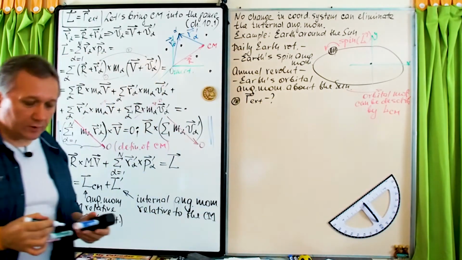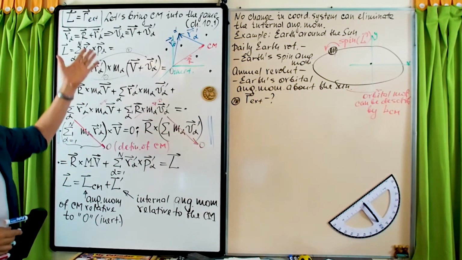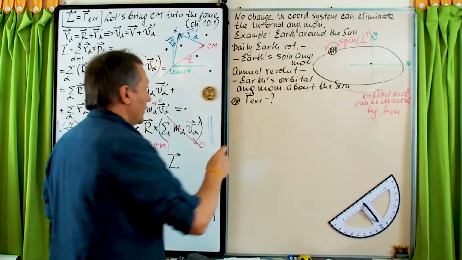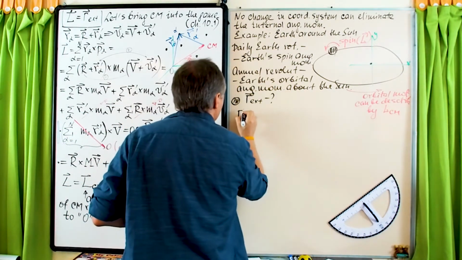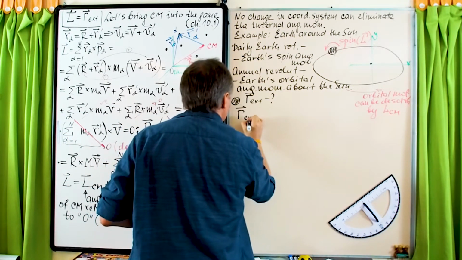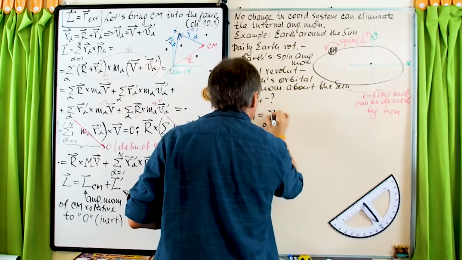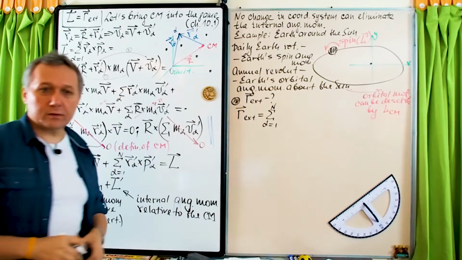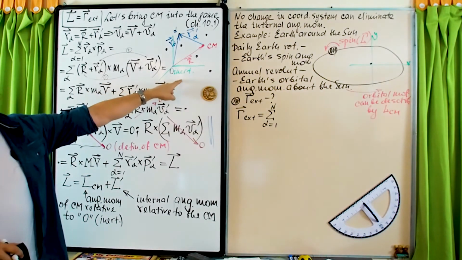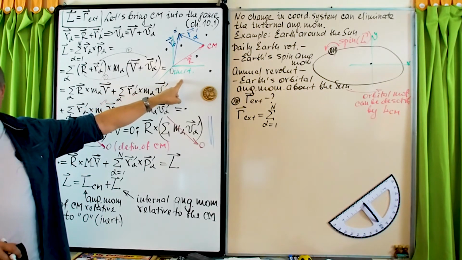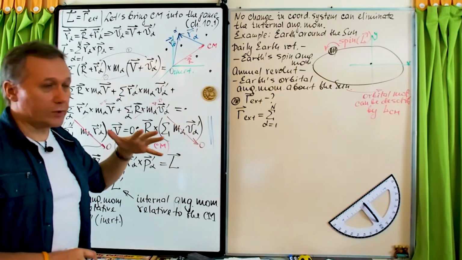So what can be done with that? Okay, so now again, just from definition, right? We know, in the previous class we wrote it down, external torque equals the summation over the whole system, relative to the origin O, relative to the inertial reference frame, right? That's how we derive this equation.